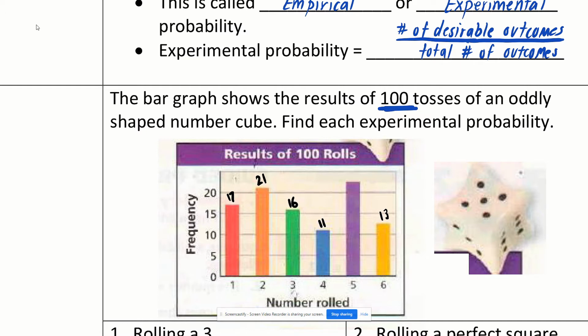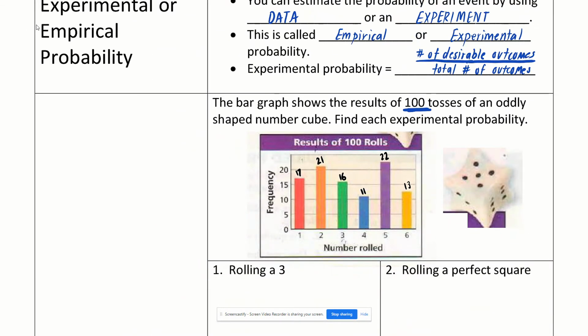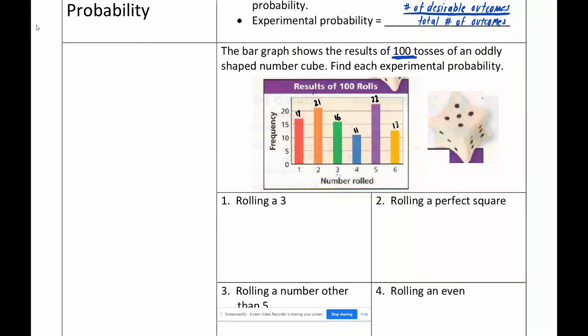We got 100 minus 17 minus 21 minus 16 minus 11 minus 13. So we're going to say that this one that I'm not 100% sure about, we're going to say it's 22. Okay? We're going to say it's 22. Now, again, maybe y'all see that a little bit differently than me, but I just feel like the yellow one looks a little above the line further than the 17 did. But anyways, that's what we're going to go with.